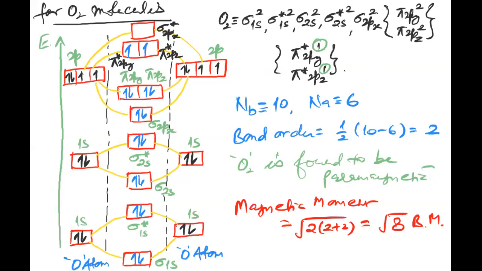Overall, although molecular orbital theory is a superior theory in comparison to valence bond theory, 80 to 90% of the chemistry of 11th and 12th is explained with the help of valence bond theory only.